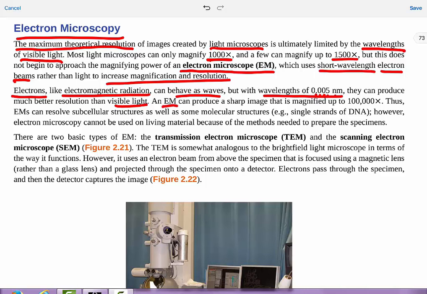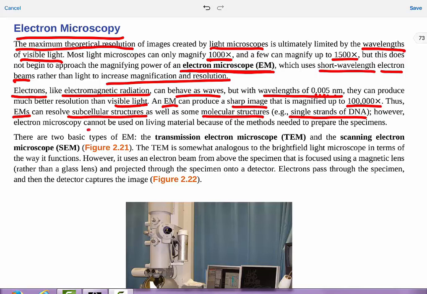An EM, electron microscope, can produce a sharp image that is magnified up to 100,000 times. So really fantastic. Thus, EMs can resolve subcellular structures as well as some molecular structures. For example, single strands of DNA, we can use electron microscopes to see.